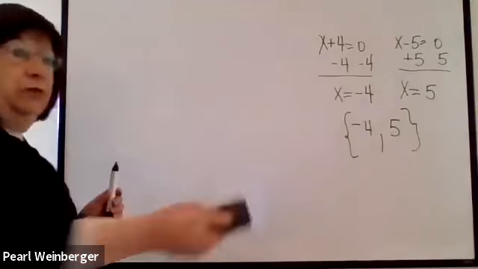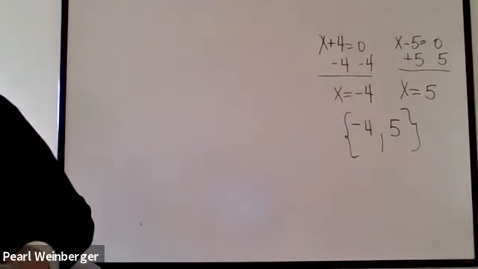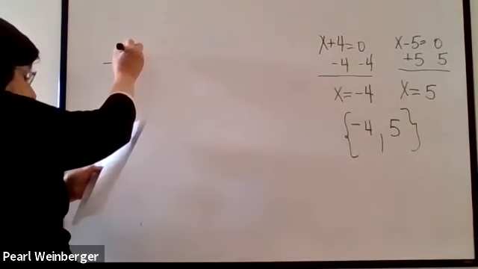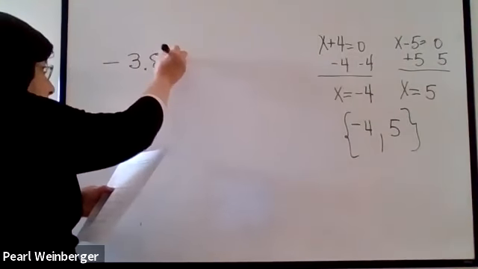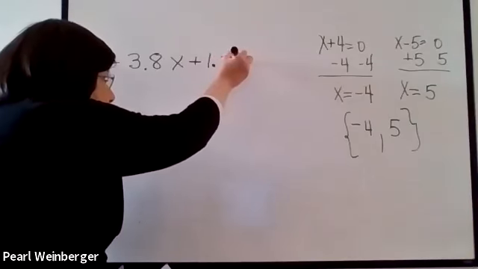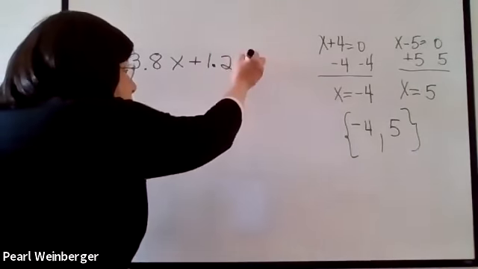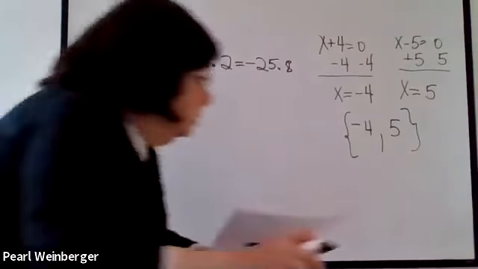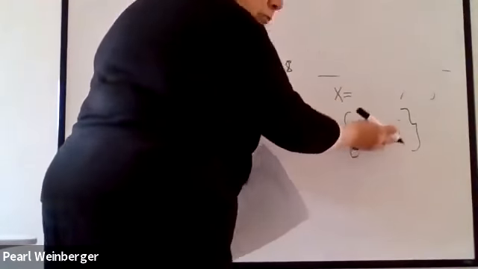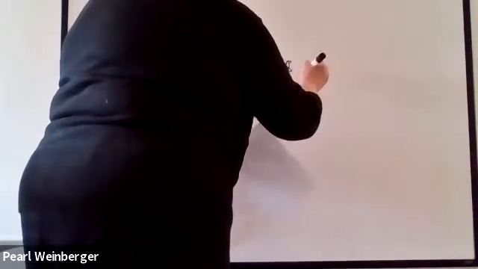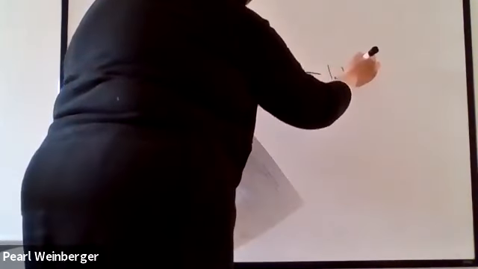I think we've done enough of the regular equations, but let's say I gave you an equation like this to solve: -3.8x + 1.2 = -25.8 - 1.1x.